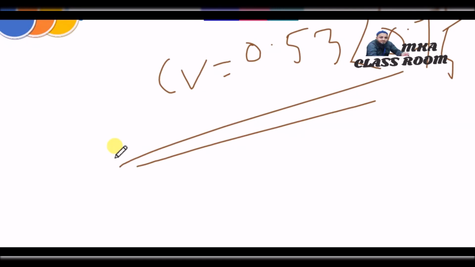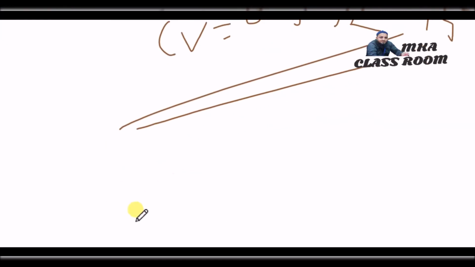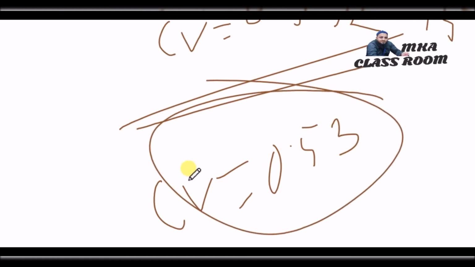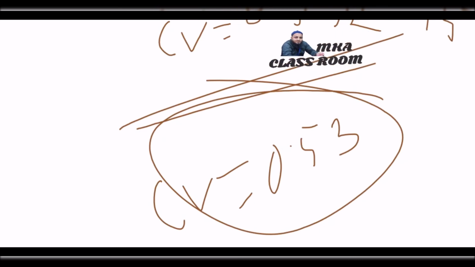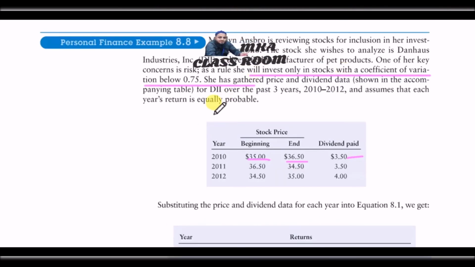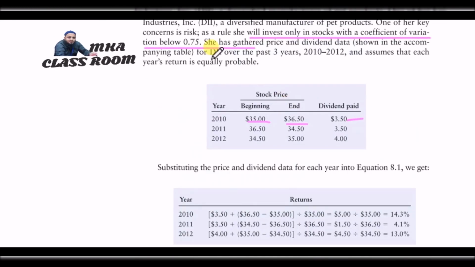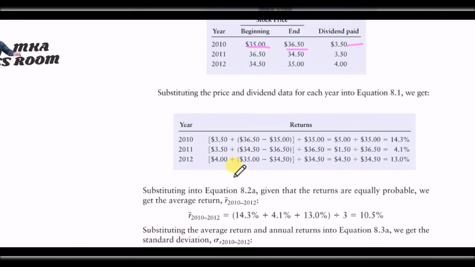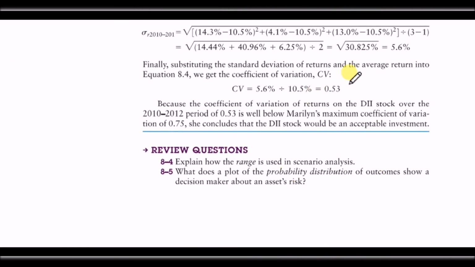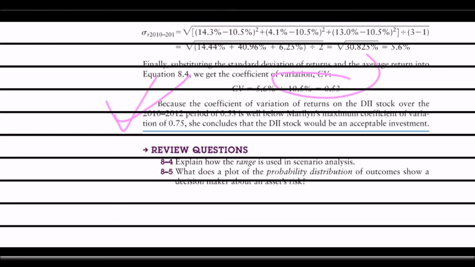So Marlene Ansbro can invest in this stock because its CV is 0.53, which is less than 0.75. Our decision criterion was below 0.75, and our calculation also shows 0.53, below the limit. So she can invest in the project.